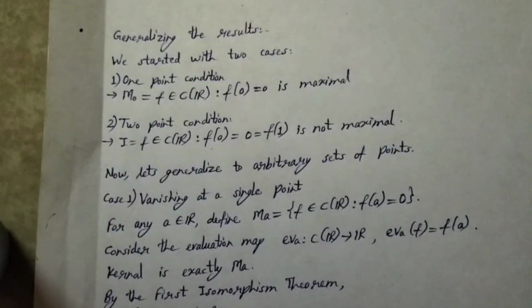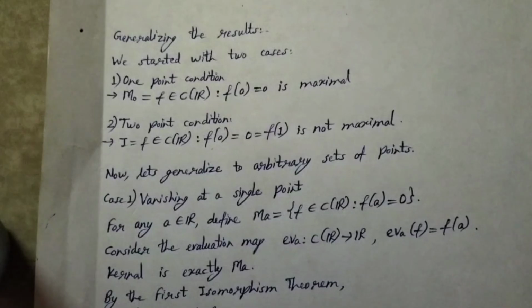Now let's prove the third part, that is the generalizing of the above proved results. Means the results which we have proved, the first two parts of the question. Now we have to generalize those statements. So let's generalize this.